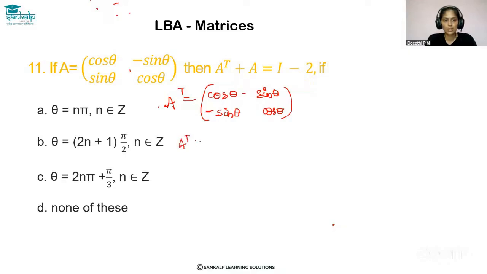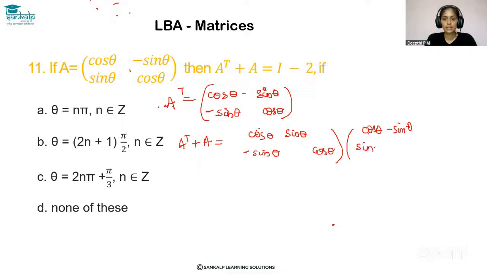A transpose plus A will be equal to [cos theta, sin theta; minus sin theta, cos theta], this is A transpose, plus A, [cos theta, minus sin theta; sin theta, cos theta].